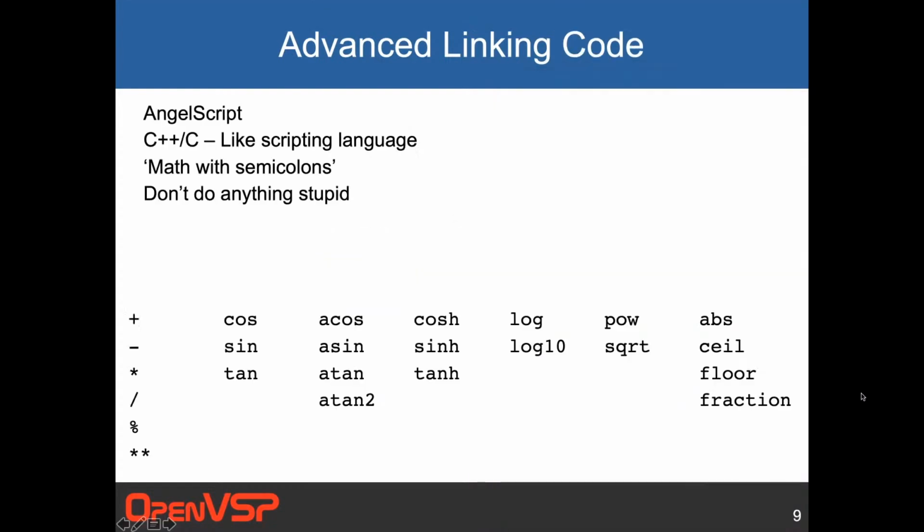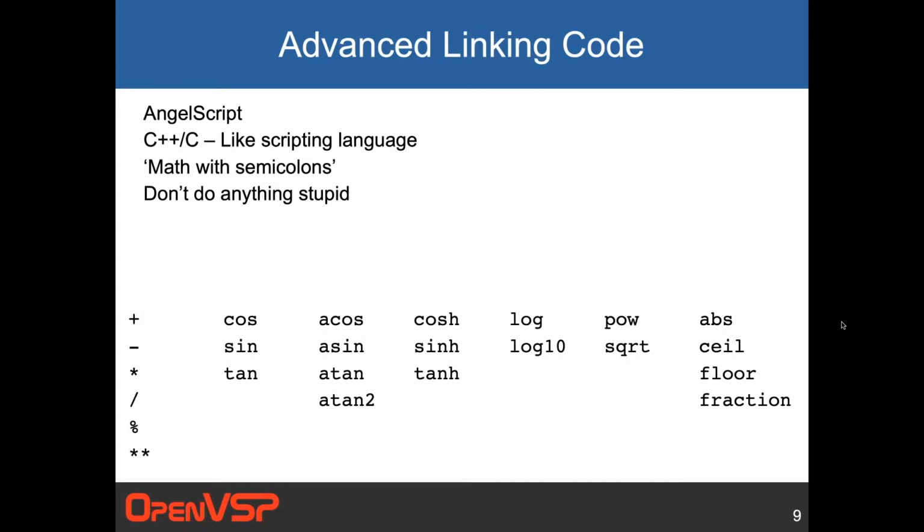In particular, what is supported in terms of math is all your trig functions, your log, your power, your square root, things like that. You do have exponentiation with a double star, modulus with a percent sign, add, subtract, multiply, divide, and basically anything you want to do math with semicolons. Don't do something stupid.